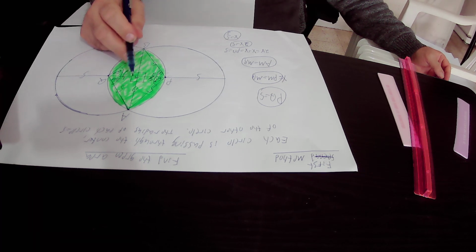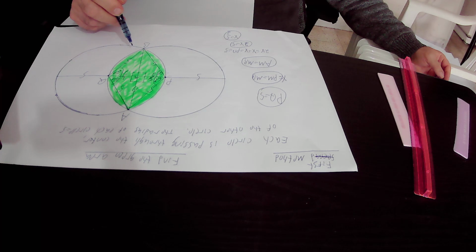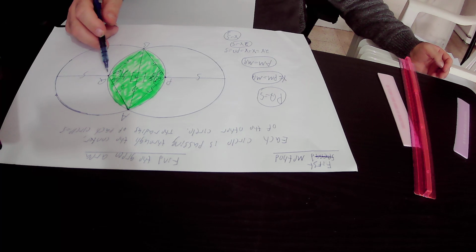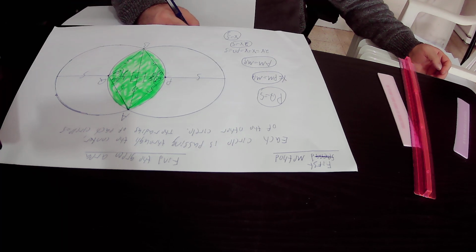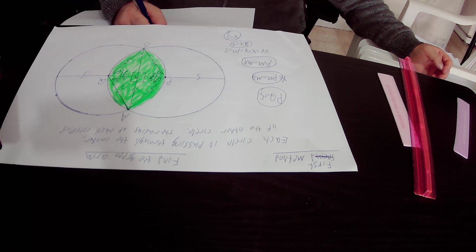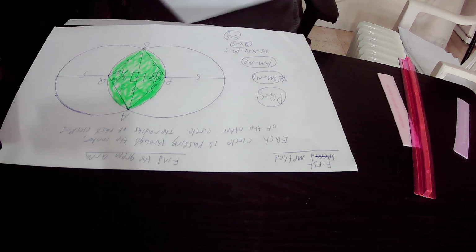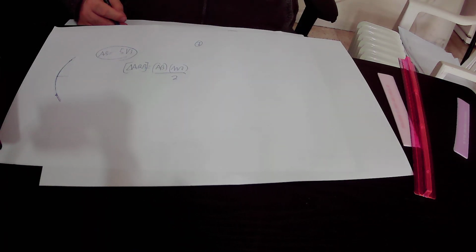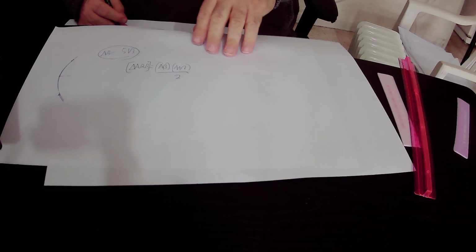And the area of triangle AQB will be equal to the base of the triangle, that is AB, times the height, that is MQ, over 2. I'll repeat again. The area of triangle AQB equals the base AB times the height MQ over 2.